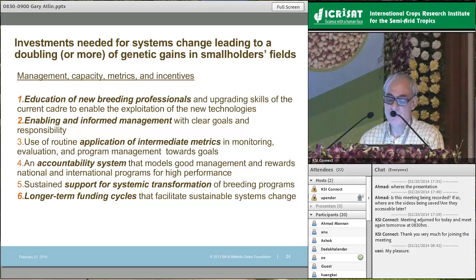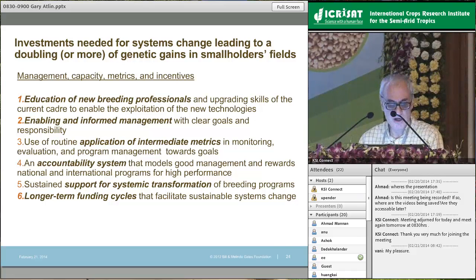Use of routine intermediate metrics that are already used in the private sector in terms of repeatability and data quality, program size, advancement systems. An accountability system that models good management and rewards national and international programs, and we're doing a lot of work on that at Gates at the moment.